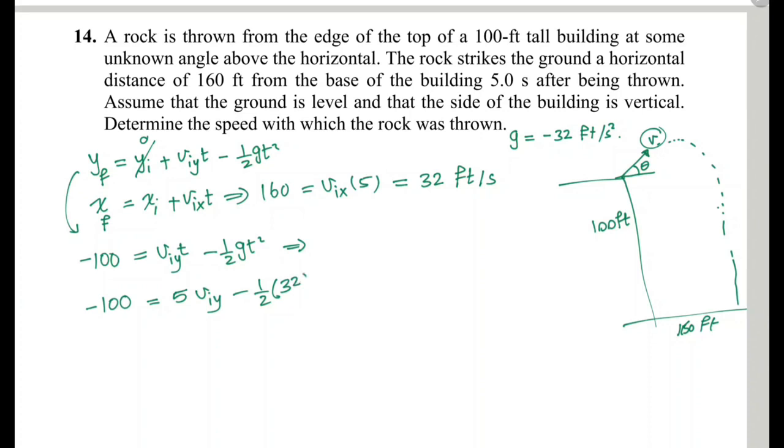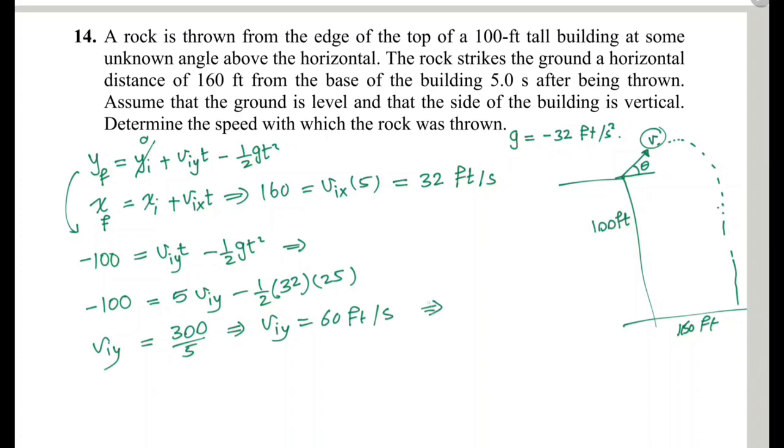So it's 32 times 25, it's 5 square. So the initial y velocity, you solve this one here, you'll find it's equal to 300 divided by 5, or the initial y velocity equals 60 foot per second.